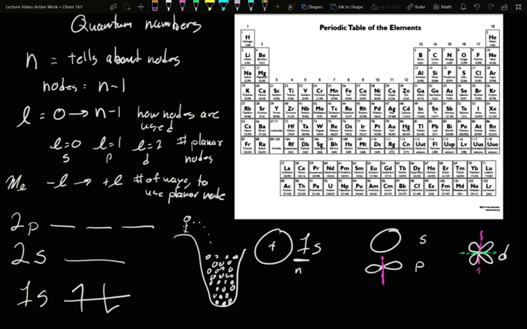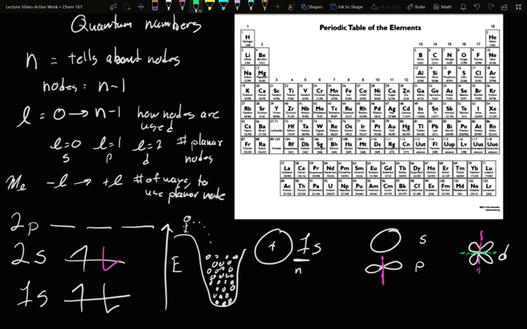A radial node is less energy than a planar node, and so the S is actually a little bit lower. If you imagine this as energy, S is lower than P, because radial is less energetic than a planar. And so the third electron will just pop right there. It goes to the next lowest possible. A 4th electron, well, you can pair.